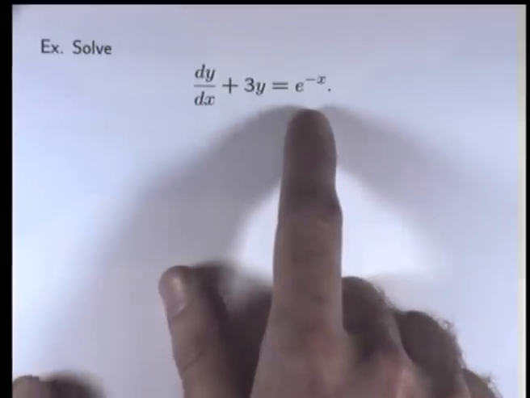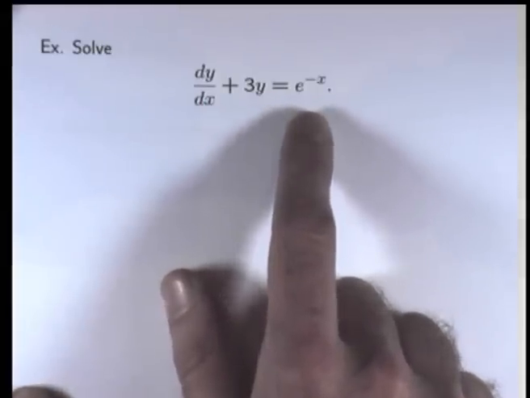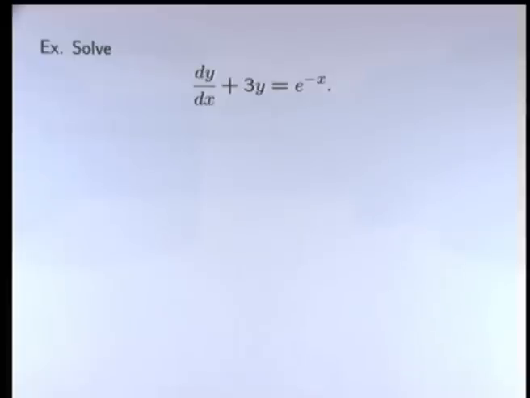So let's consider the following linear ordinary differential equation. Now if you look at this ODE, it's not separable. So we can't do what we did in the previous videos and just separate the variables and integrate. This isn't going to work in this particular example. So how do we actually solve this problem?